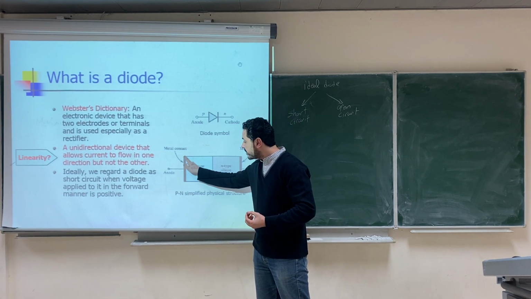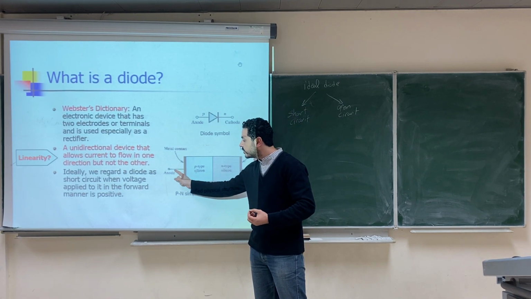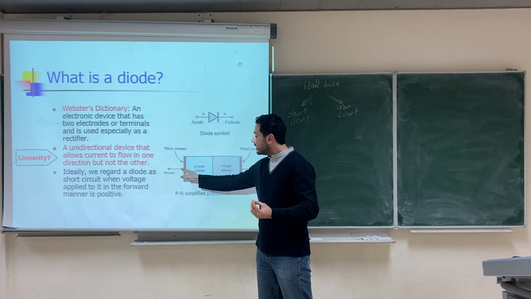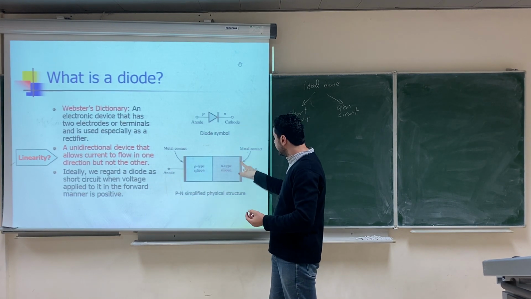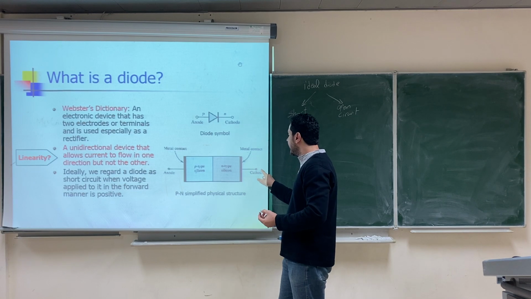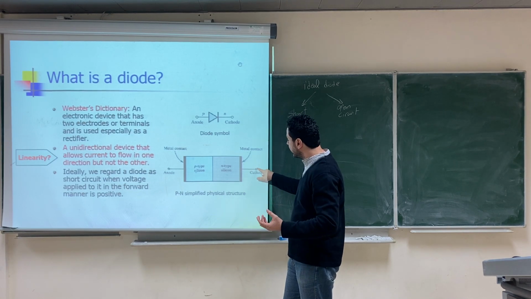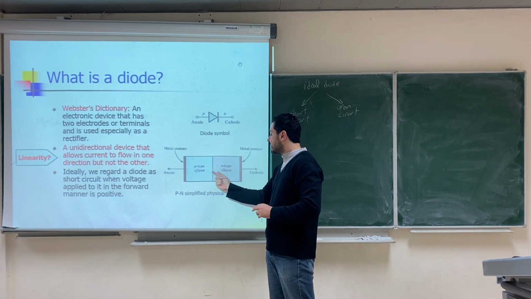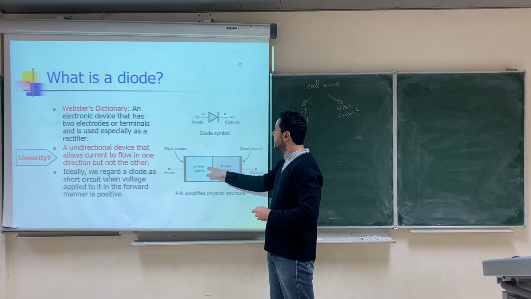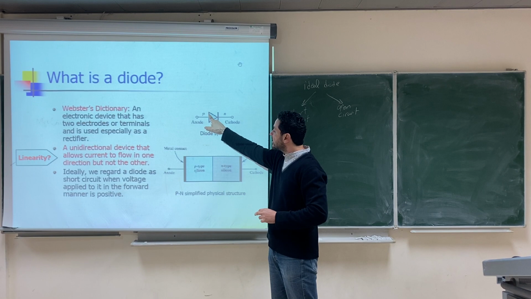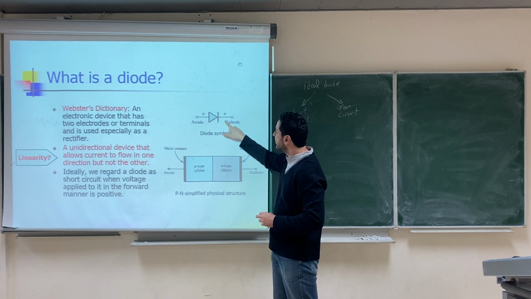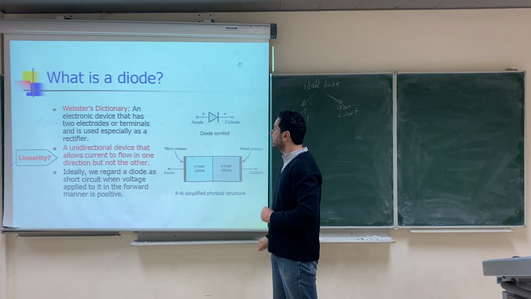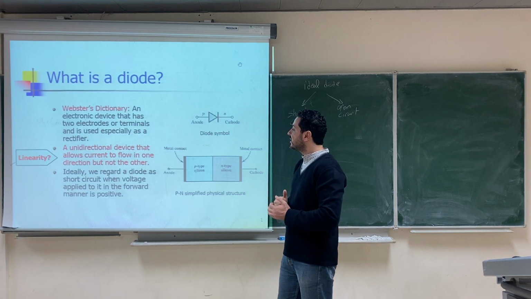The purpose of this metal is to connect the diode to the external wire, to the rest of the circuit. So we have P silicon and N silicon. The P silicon is represented by a triangle, N silicon is represented by a line. This is the symbol, as I said, that we'll use.